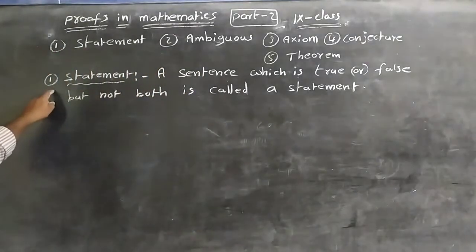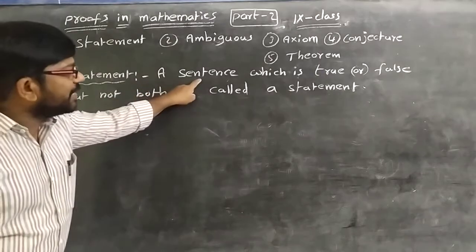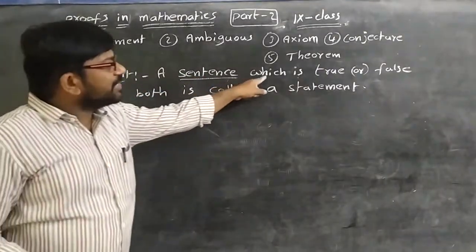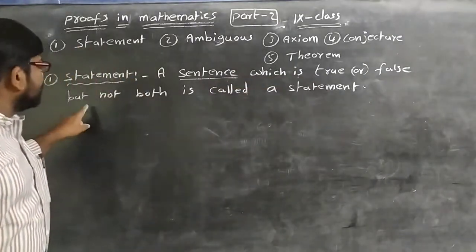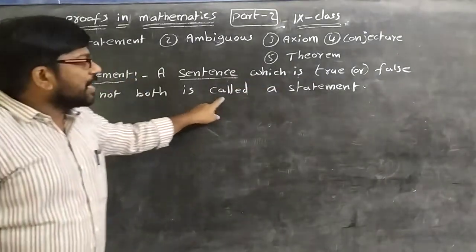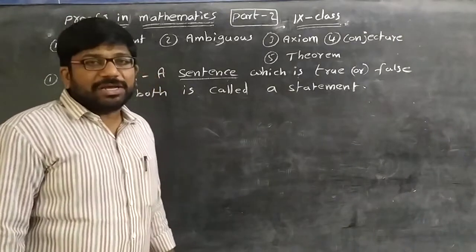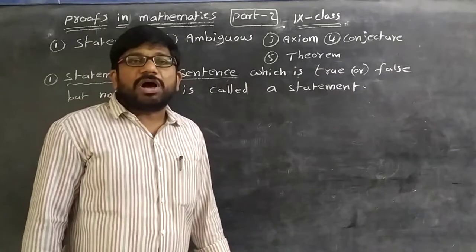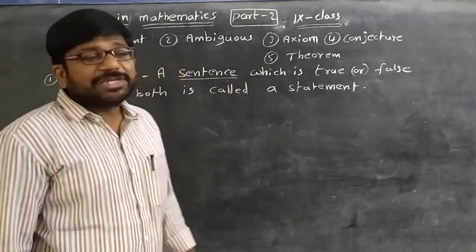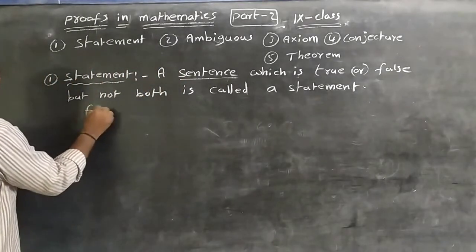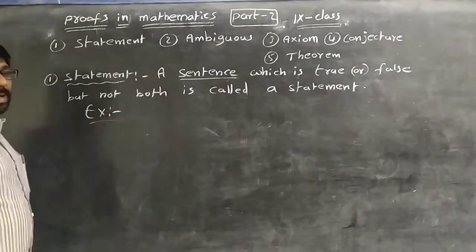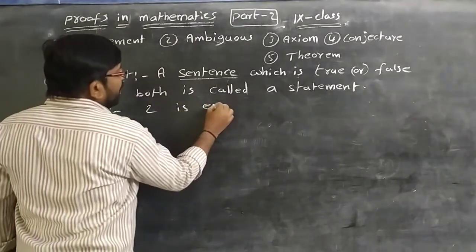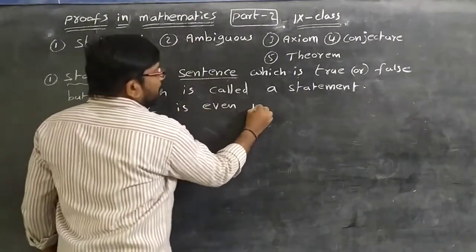The first definition, statement: a sentence which is either true or false, but not both, is called a statement. Generally statements are denoted with small letters P, Q, R, S. For example, 2 is an even prime number.